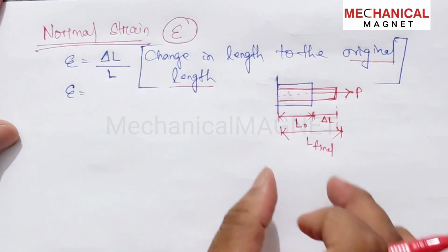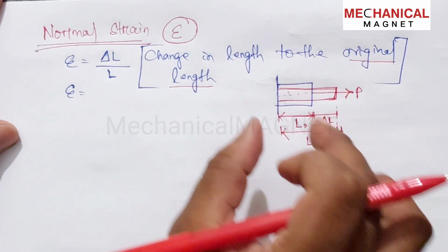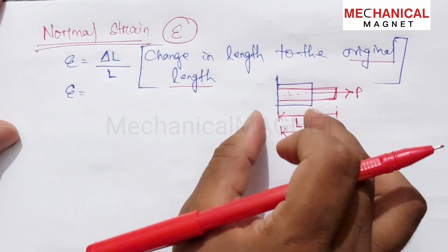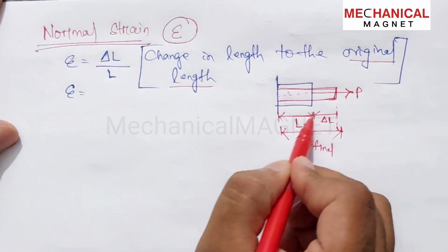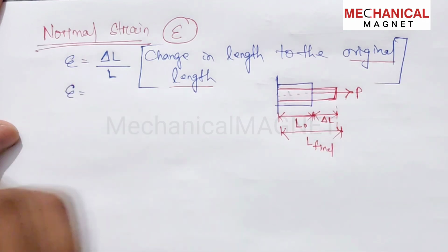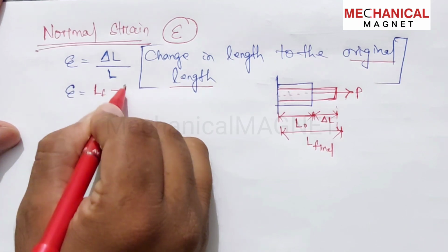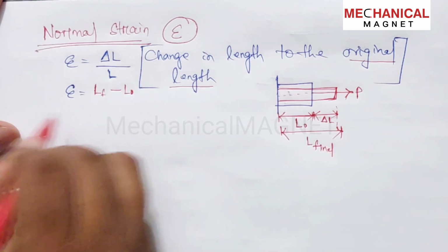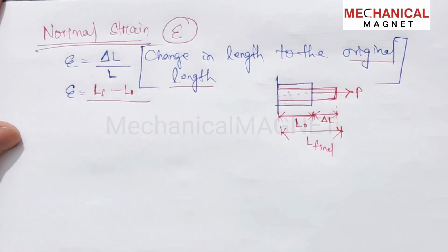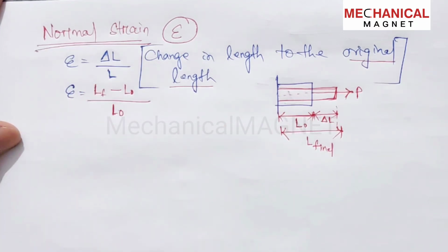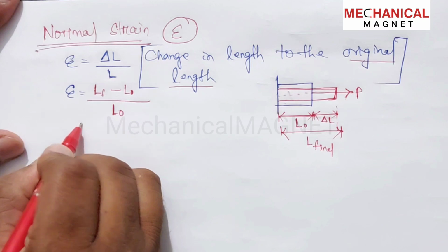When we subtract the original length from the final length, we get delta L. So delta L is the final length LF minus L0, where L0 is the original length, divided by again the original length L0.